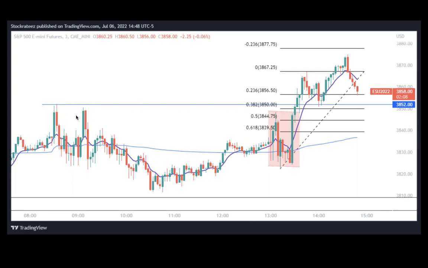So here, this actually broke out above the opening range high, and then retested. So that could have been a second potential entry. And then close when it closes below the 9 EMA. Take your profits.